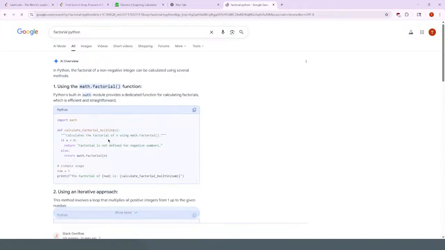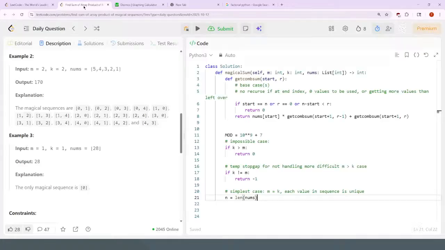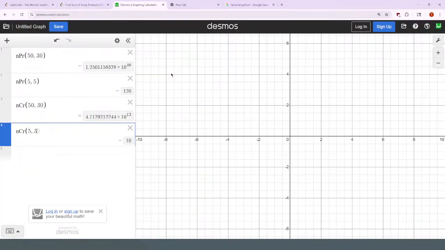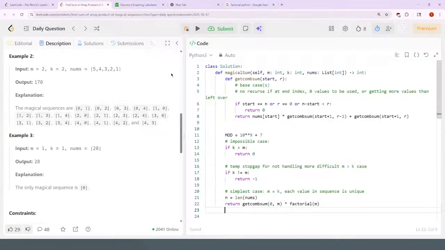I think it's just factorial. Okay. So I think this is just going to be return get combination sum for start being 0, r being m or k, doesn't matter. Is it called factorial? Math.factorial. Okay.